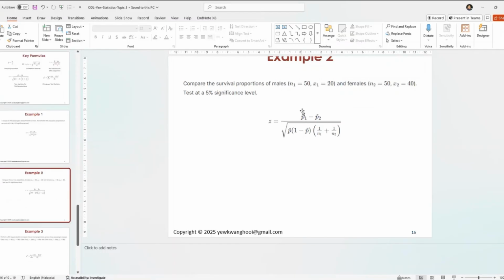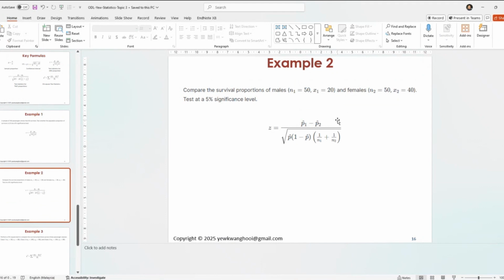Example 2. Okay, ready? Compare the survival proportions of males and females.